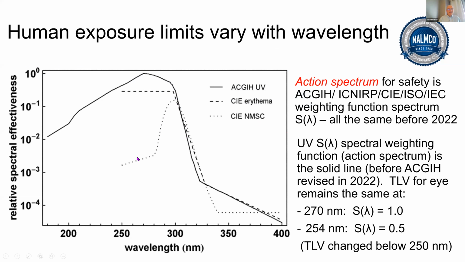And it has values down to less than 1% efficacy for causing damage to DNA that could lead to skin cancer, as shown here in this dotted line in the UVC. So at 254, the risk is vastly less than sunlight, centered at 300 nanometers in the UVB.